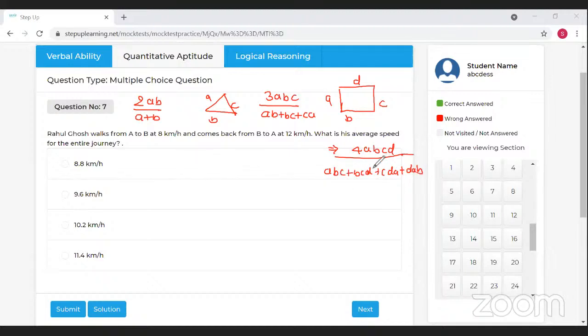All right, some combination. I'm not sure about this. There were some questions where three sides were given, or four sides were given. So how to calculate this question? How many of you are interested to know this?